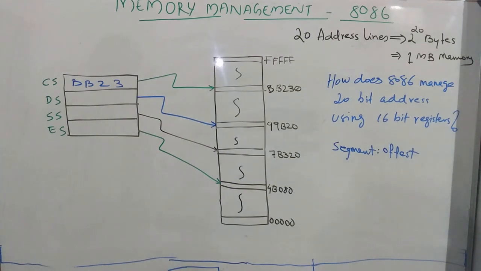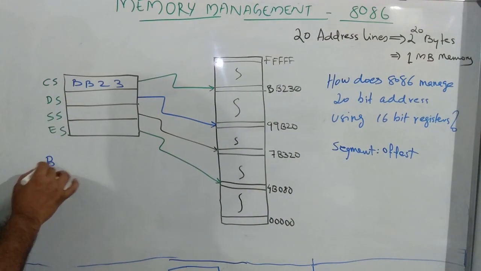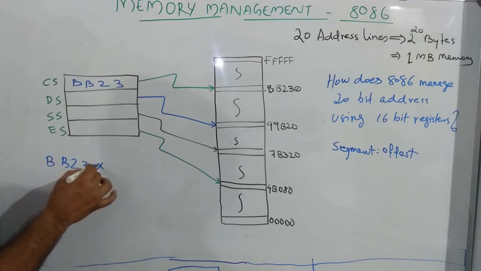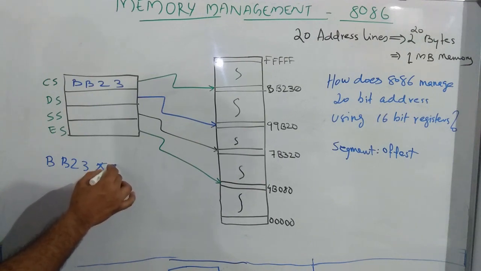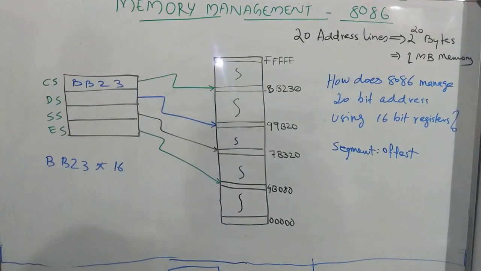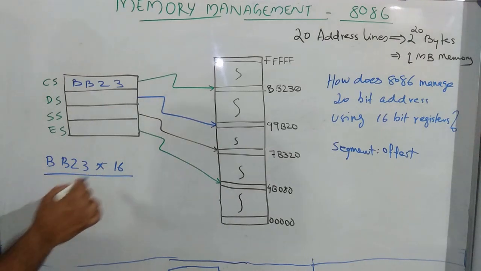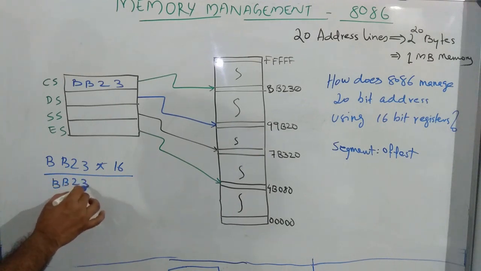Whenever it wants to access an instruction from the code segment, it will multiply this value, the CS content BB23, with 16 decimal, and you will get BB230.